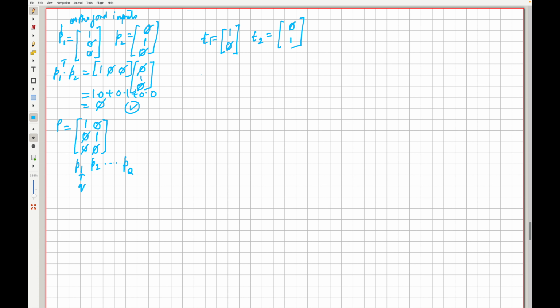If we create a matrix T using these target vectors, what we get is 1 0 0 1. So with these two matrices that we have, we can now begin to work on the pseudo inverse topic.